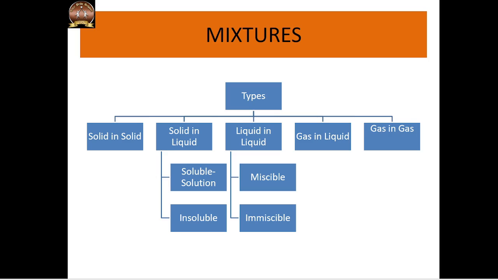Let's take a look at the different types of mixtures that are possible depending on the phase of the components. The phase of the component can be solid, liquid, or gas. So we have different types of mixtures that are solid in solid, solid in liquid. And when a solid is put into a liquid, the solid can either be soluble in the liquid to form a solution or it can be insoluble.